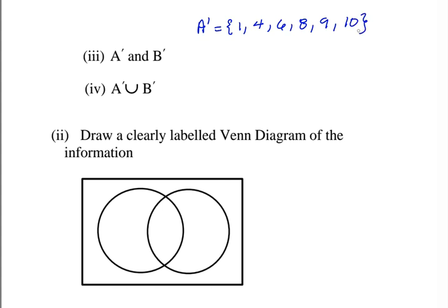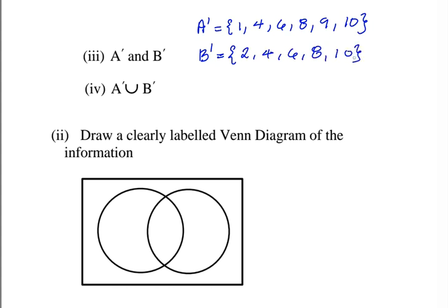So those would be the elements of A complement. B complement, B I think are odd numbers, so B complement would be even numbers. So that would be 2, 4, 6, 8, and 10.